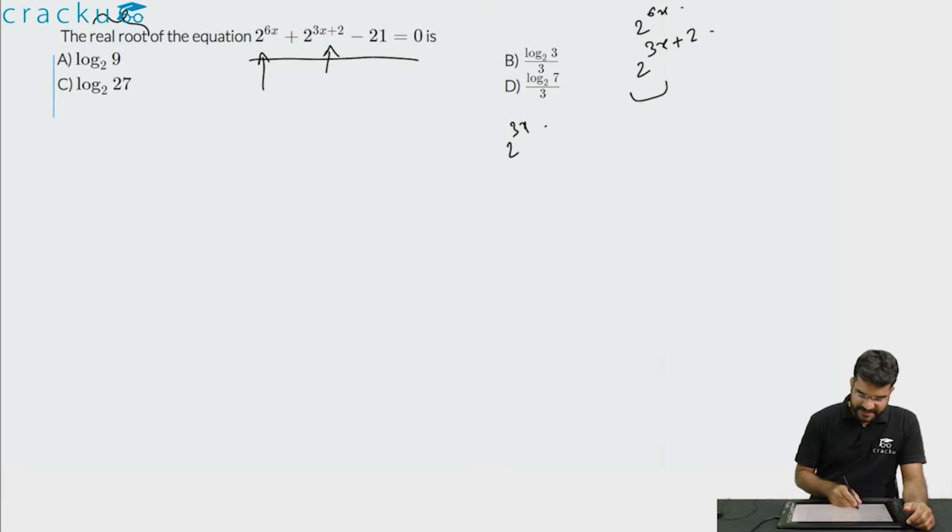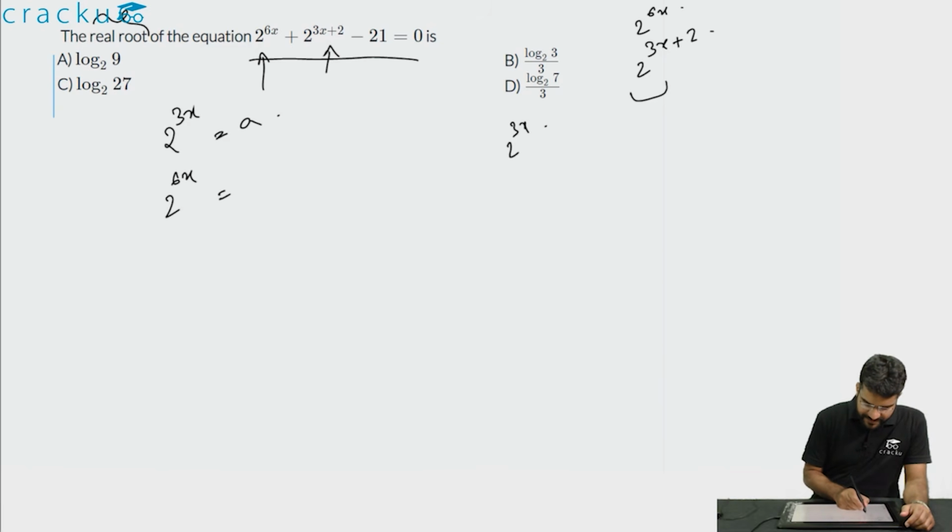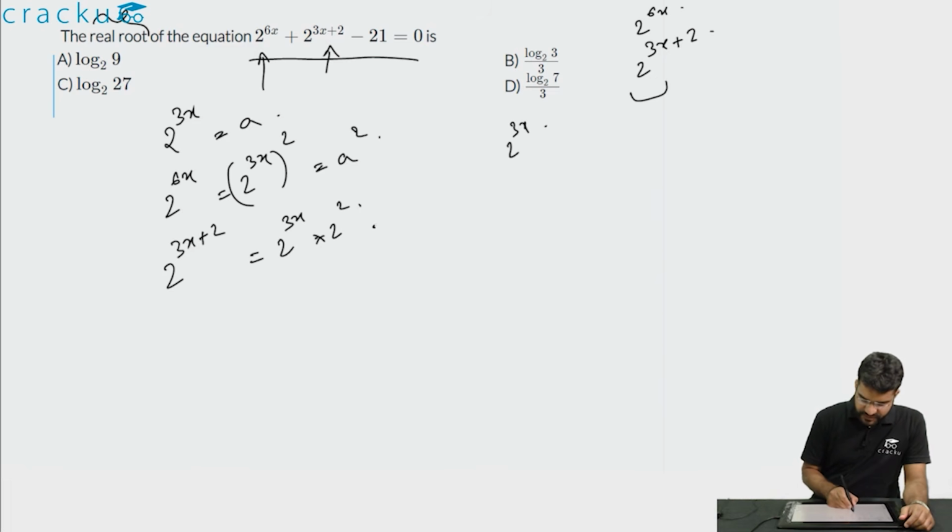For example, in this case, if you assume that 2 to the power 3x is equal to a, 2 to the power 6x will be (2 to the power 3x) whole squared, which is equal to a squared. Similarly, 2 to the power (3x plus 2) can be simplified as 2 to the power 3x into 2 to the power 2, so this will be a into 4.